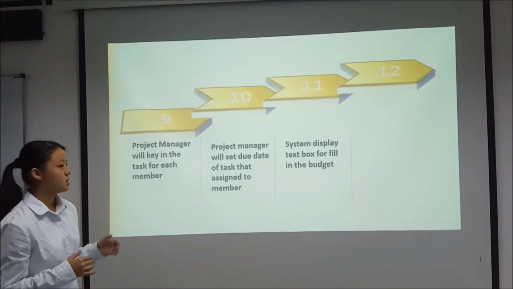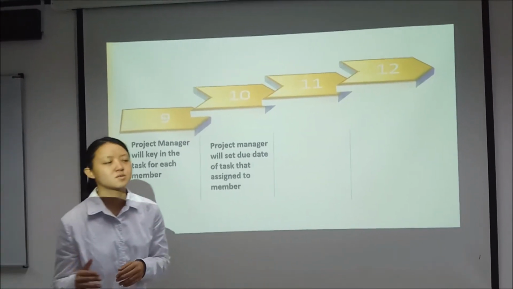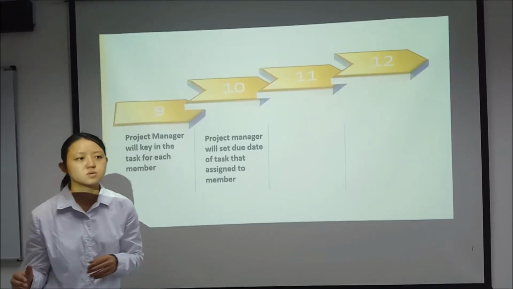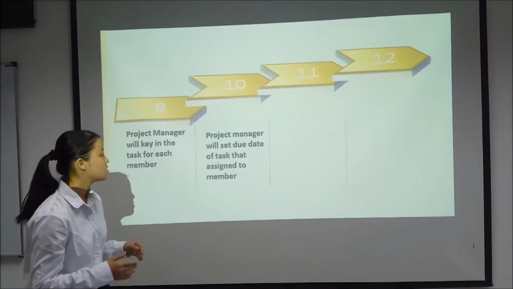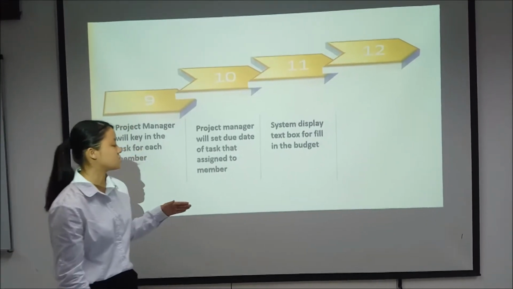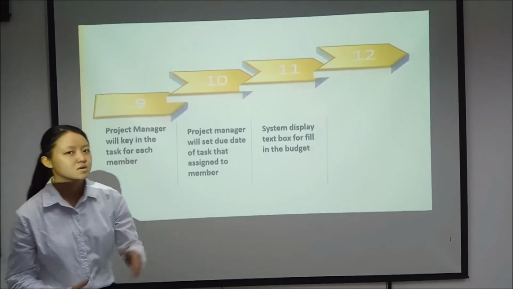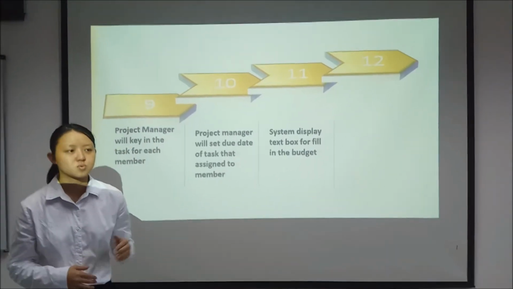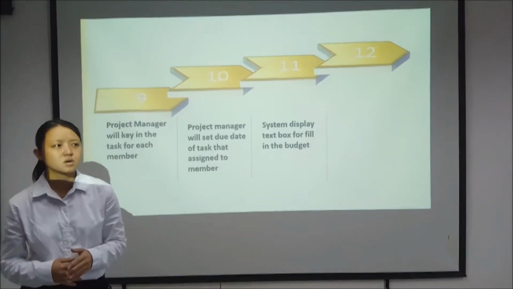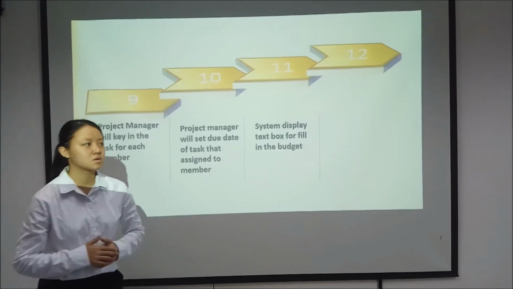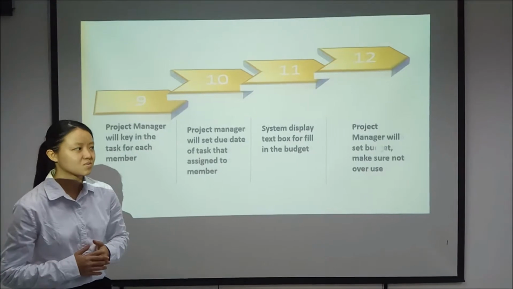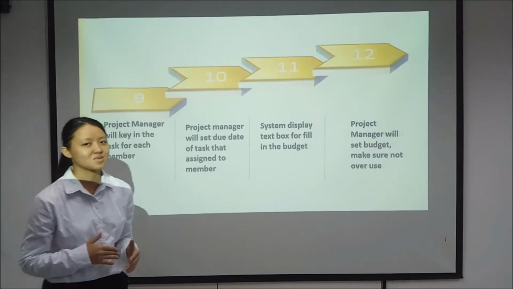After give the task, then project manager will set the due date for member to complete the task. After project manager will set the budget of the project, and because the project budget cannot be accessed.